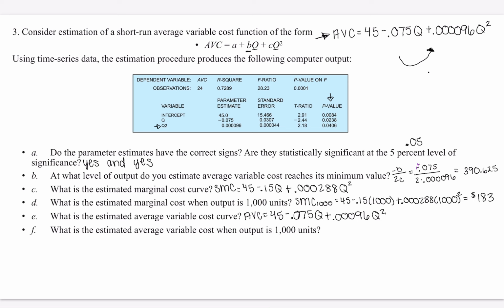And what is the average variable cost when output is 1,000 units? So substitute in 1,000. Average variable cost of 1,000 equals 45 minus 0.075 times 1,000 plus 0.000096 times 1,000 squared, and that's going to give us 66.